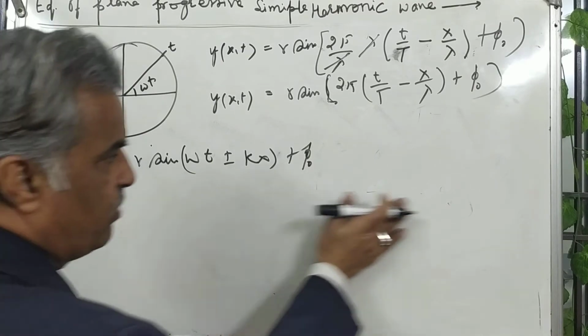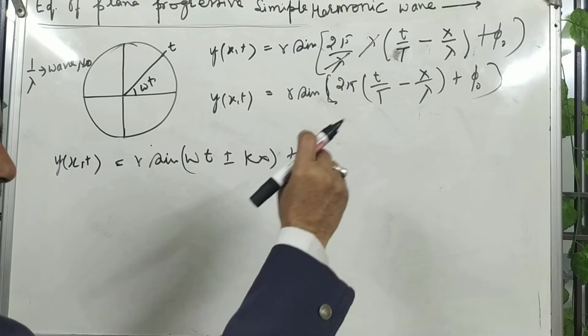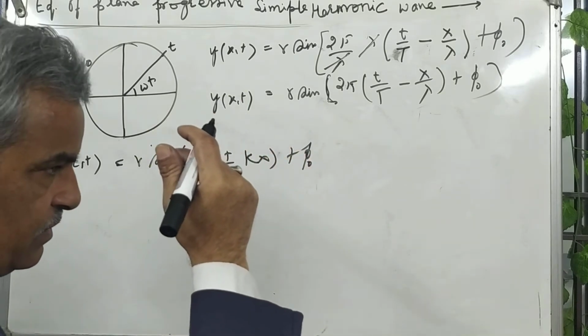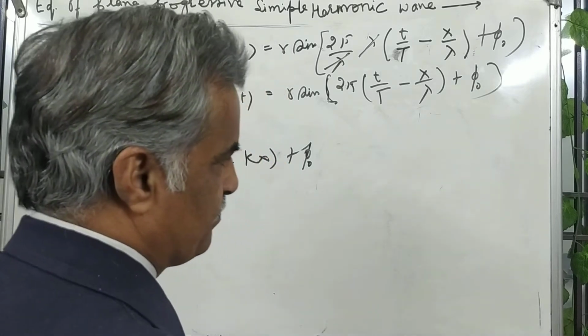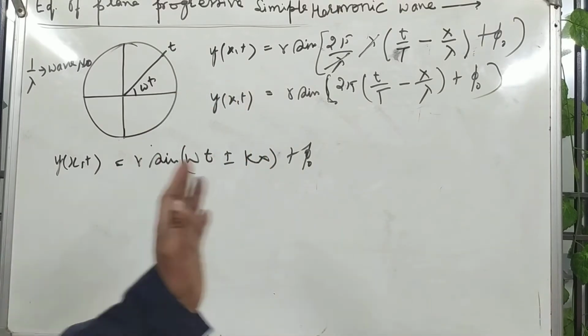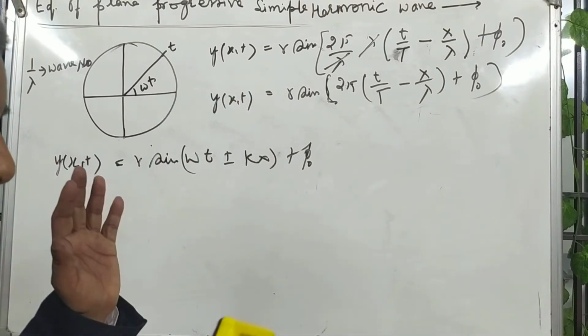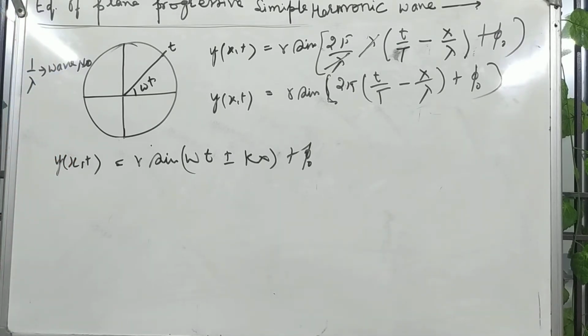If the wave is moving along this direction, there will be lagging in the phase angle, but if the wave is moving the other way, there will be a plus sign, an increase in phase angle.